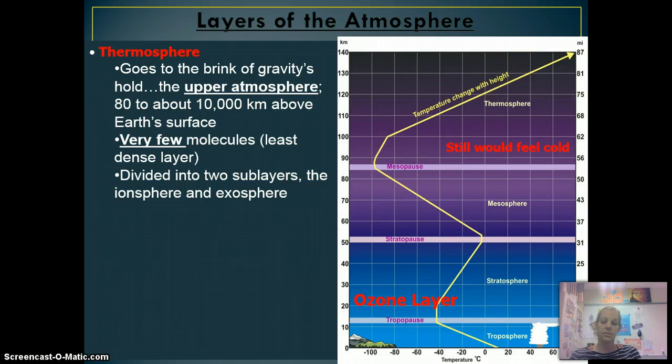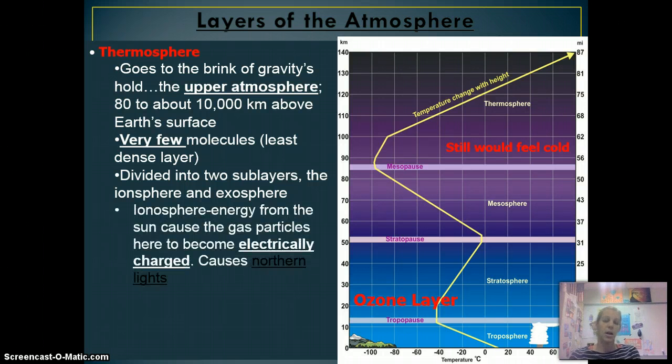Now, the thermosphere is divided into 2 sublayers. The sublayer that's actually closest to the Earth's surface is called the ionosphere. The ionosphere is an area of the atmosphere where the gas particles have actually become electronically charged. I'm going to show you a picture right now of the Northern Lights.